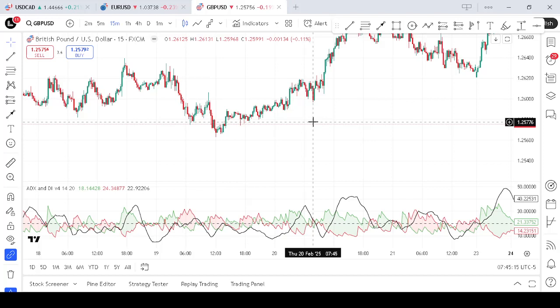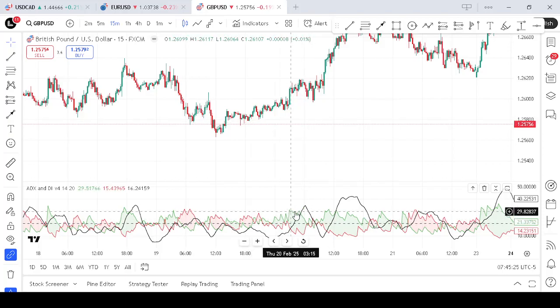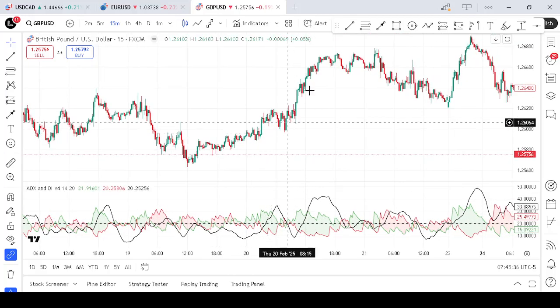Next, you look for the crossover between the plus DI and the minus DI. If the plus DI crosses above the minus DI, this signals a buying opportunity. As we can see, when the positive DI, which is this green line, crosses above the negative DI line, it shows that we are looking for buying opportunities.